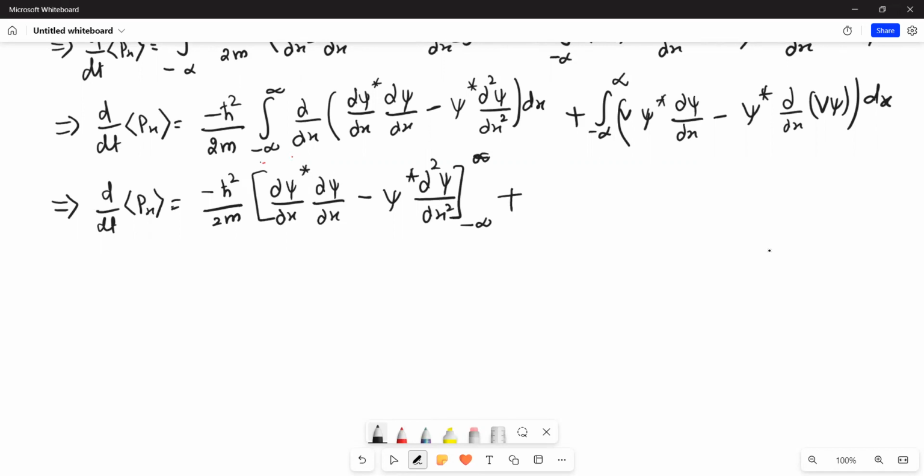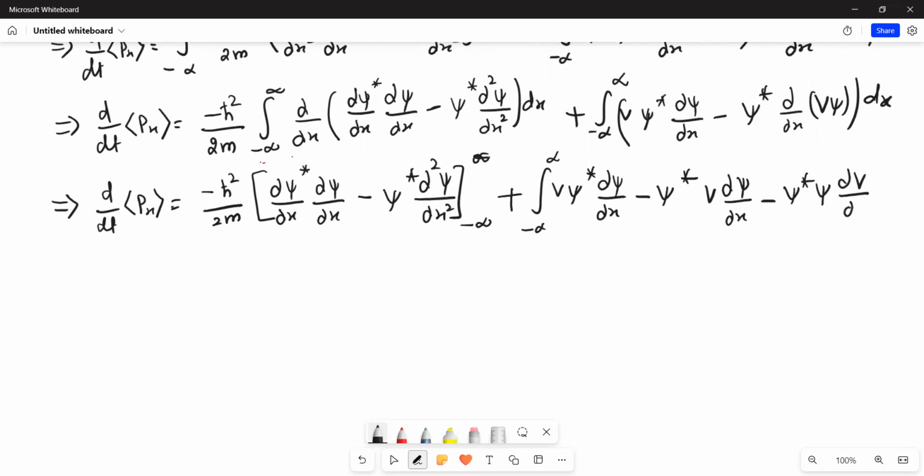And plus, expand this equation: the integral over minus infinity to plus infinity of V psi star dou psi by dou x minus psi star dou by dou x of V psi. If you differentiate, V is a constant, so dou psi by dou x, then minus again psi star, now psi is a constant, so dou V by dou x, and dx.